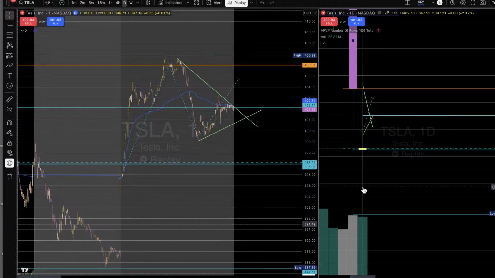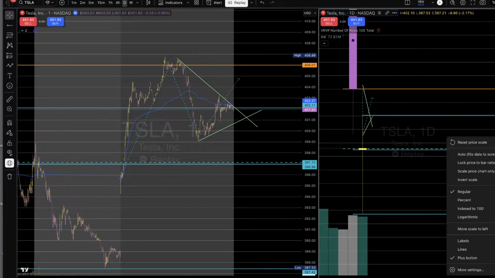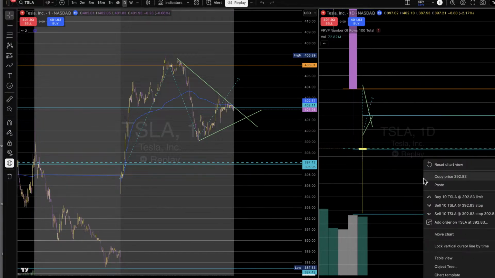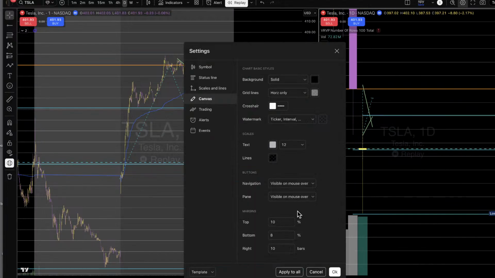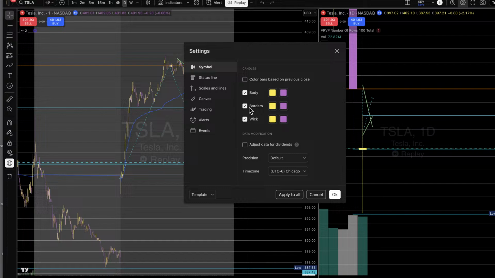Yeah, these are too thin. These candles, they gotta have like a... Is there a way to make this thing... symbol borders. Yeah, I want the wicks to be thicker.